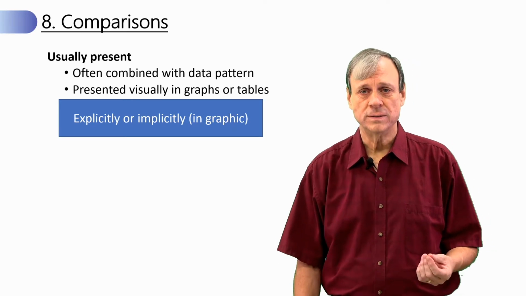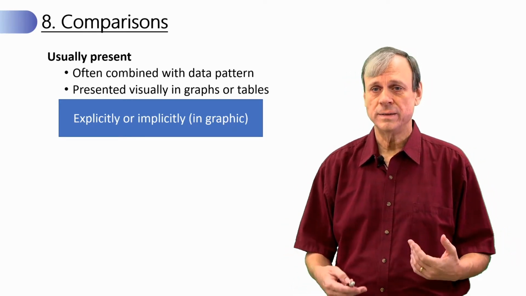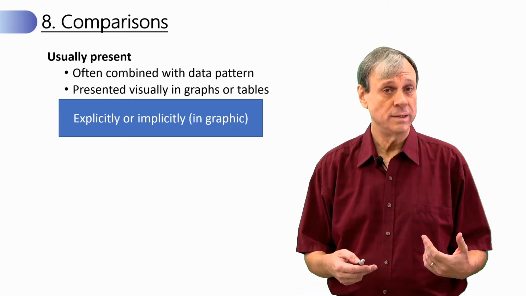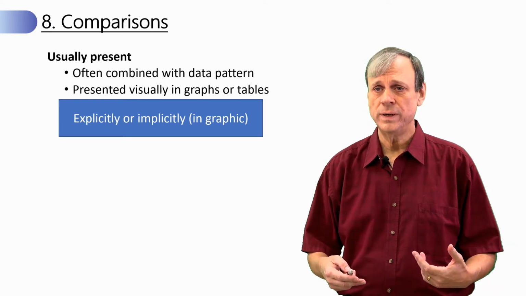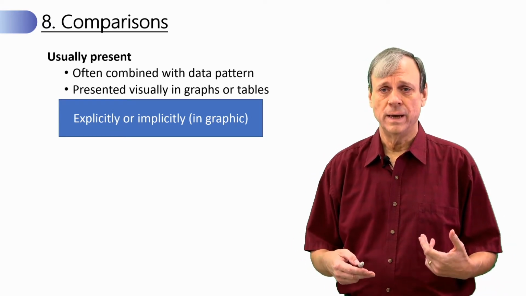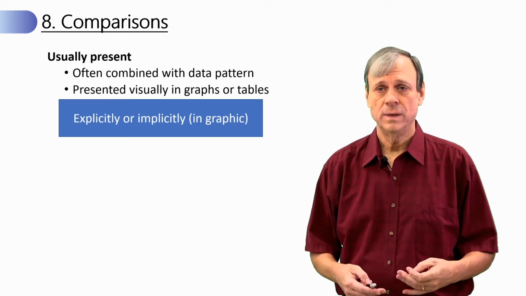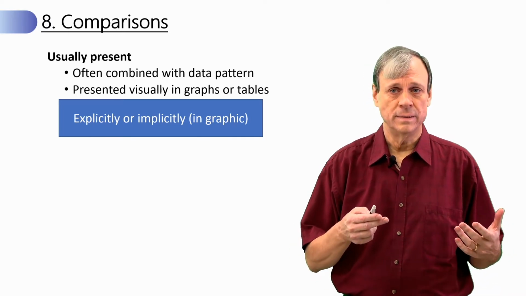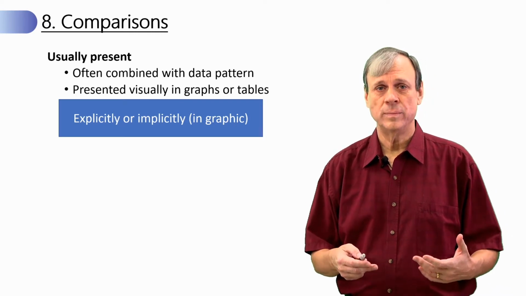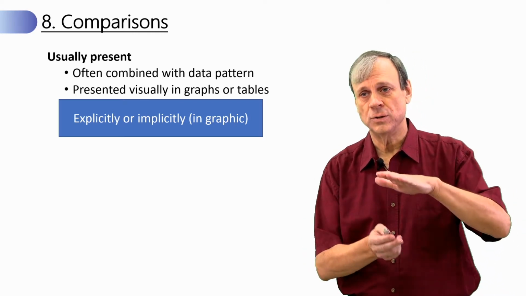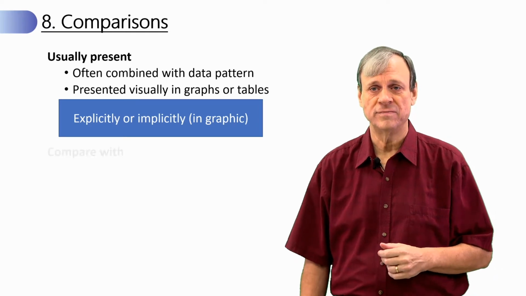Now, comparisons is the eighth component, and again, this is usually present and in engineering frequently combined with the data patterns, and frequently thus presented in the graphs or tables visually. And it may be, again, explicit, or it may just be implicit in the fact that they show two lines on the graph.